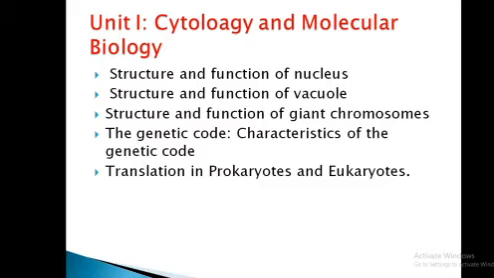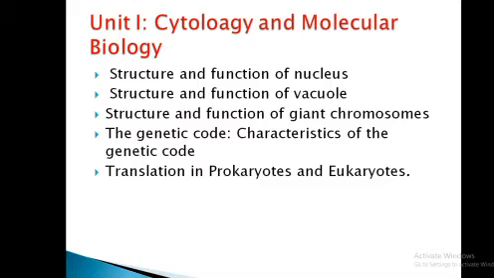Unit number 1, cytology and molecular biology. In cytology, we study the cell organelles, and in molecular biology, we study the DNA and the RNA. In this, the structure and function of the nucleus and the structure and function of vacuoles both deal with the study under cytology.